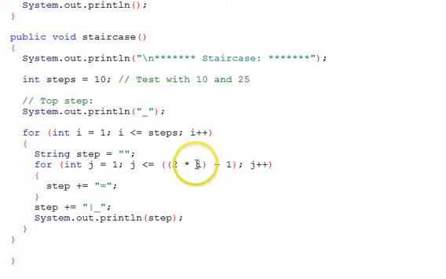And notice that the innermost for loop here, which uses j as the control variable, is using I as part of the expression of how far it will iterate. And this will be clear when we see the output of how this works. Alright, let's go to our output now.